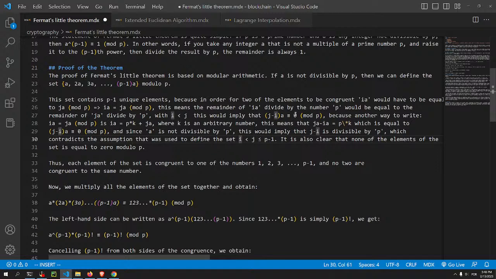This would imply that for 2 of the elements to be congruent, it should be equal to this. I think this is fine.